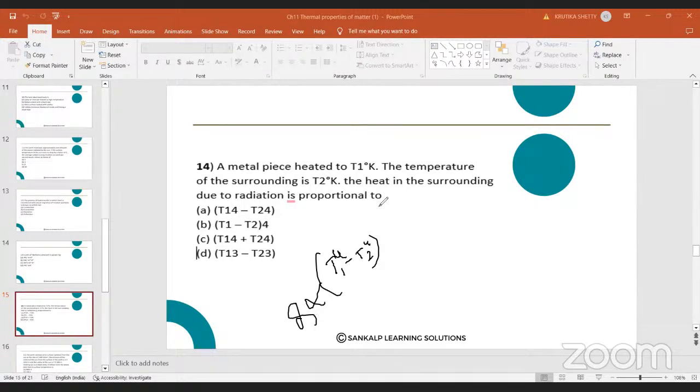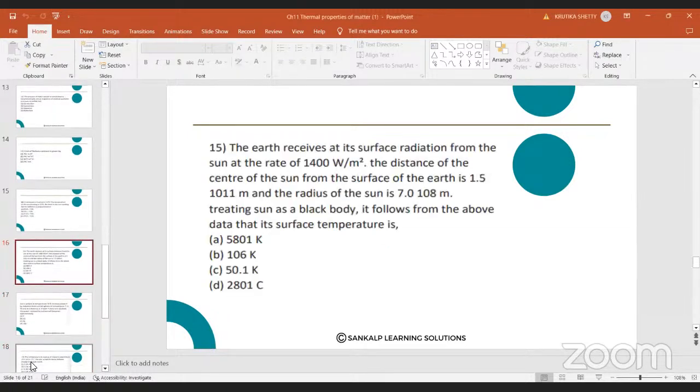Okay. Then the last question for today's class. See this. The earth receives at its surface radiation from the sun at the rate of 1400 watt per meter square.